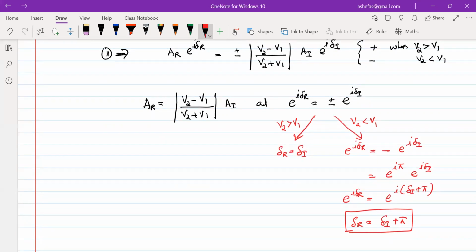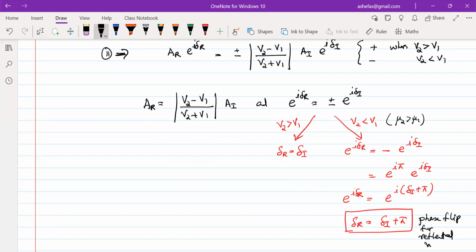Okay, so v2 less than v1 means mu2 is greater than mu1. So if the second string is thicker, if the second string is heavier, then the reflected wave has a phase difference. There will be a phase flip. So we can call this the phase flip for the reflected wave.